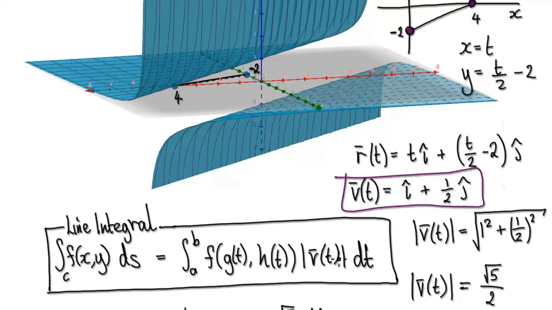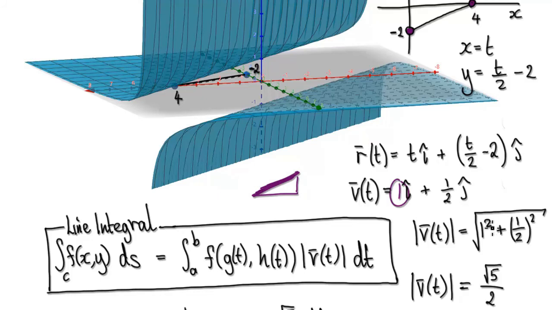If you want your speed, you need to find the magnitude of your velocity vector. Here your velocity vector is 1 across and a half up. So using Pythagoras, you square 1, square a half, square root the whole thing, and it will give you this. So this is our speed.